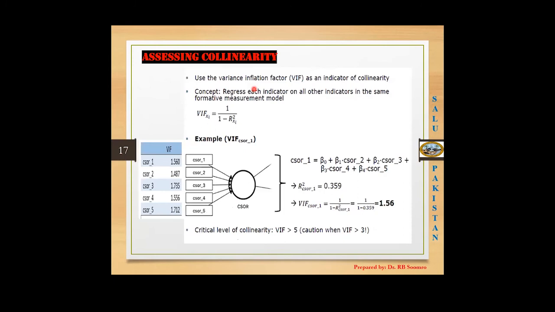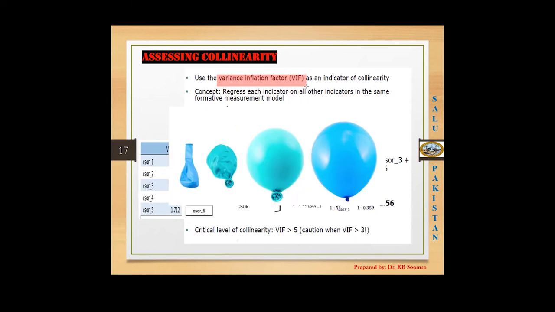How do we understand whether multicollinearity or collinearity occurs in your data or model? The simple solution is the value of the variance inflation factor. If there is high correlation, the variance inflation factor will be unnecessarily inflated. For example, a balloon in which you are injecting air: its size will unnecessarily become large.